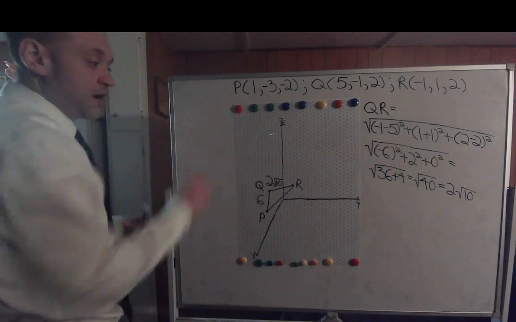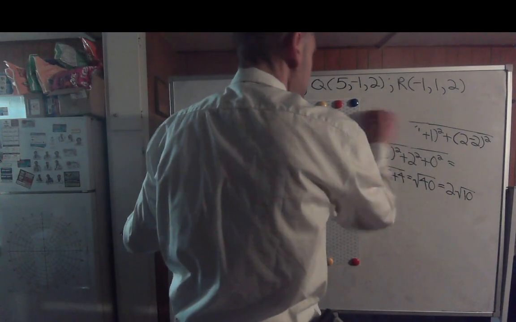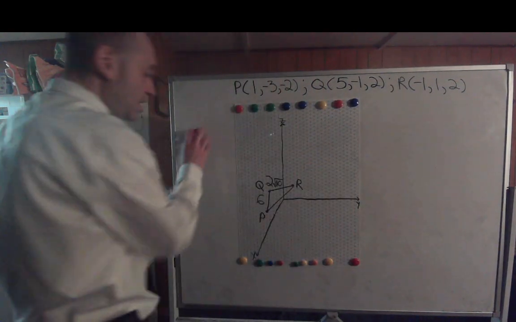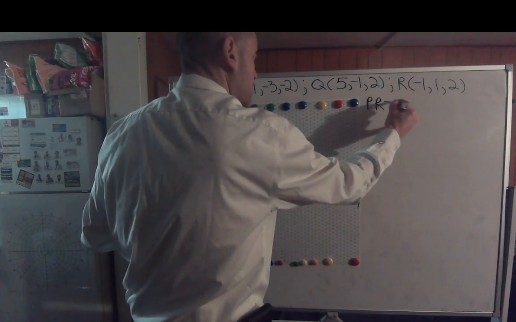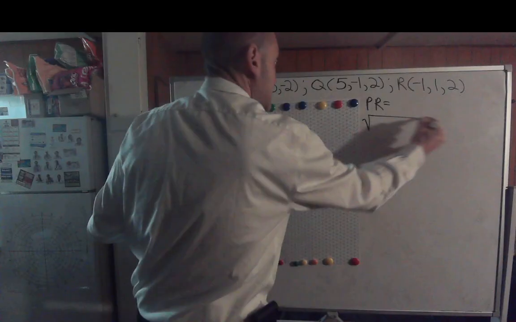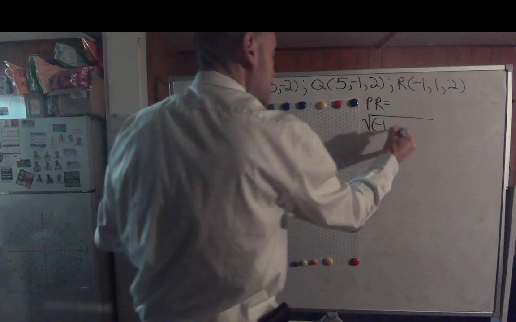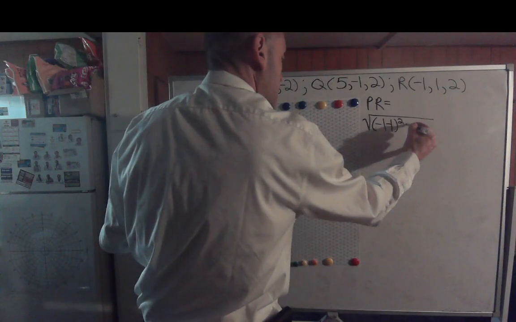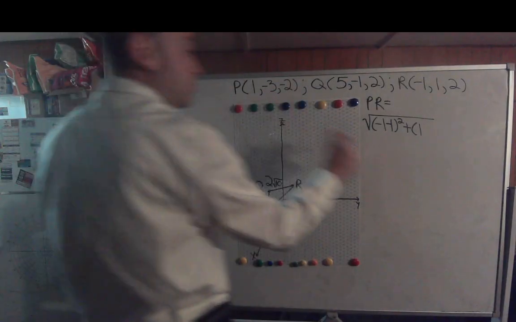Now, what about PR? That's definitely the third side, right? We need to find the length of PR. So let's do that. So let's take the distance formula. x2 is -1 minus your x1 of 1, so -1 minus 1 squared, plus your y2 of 1 minus your y1 of -3.